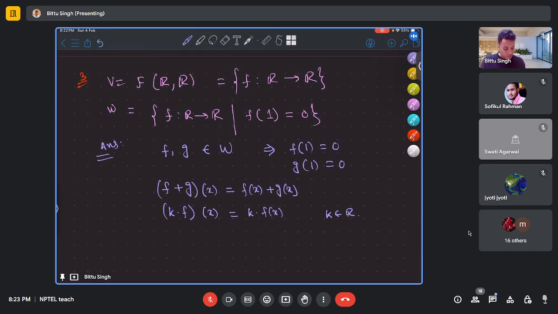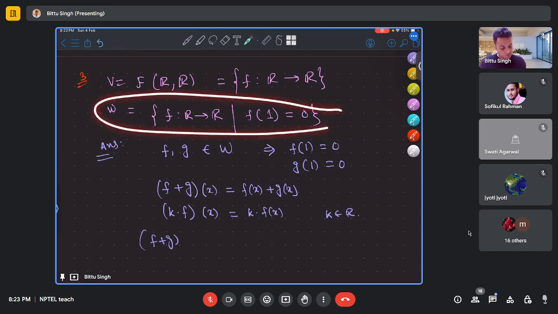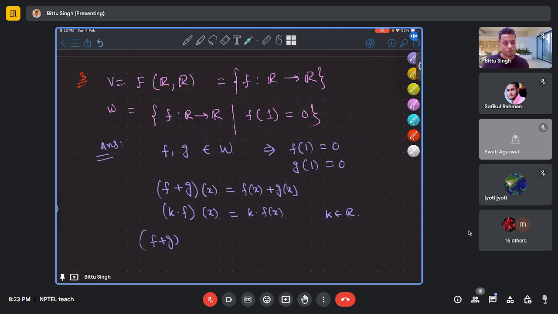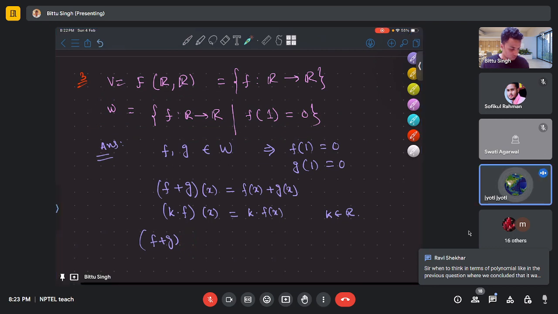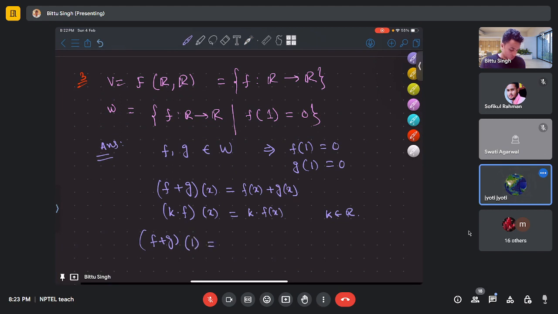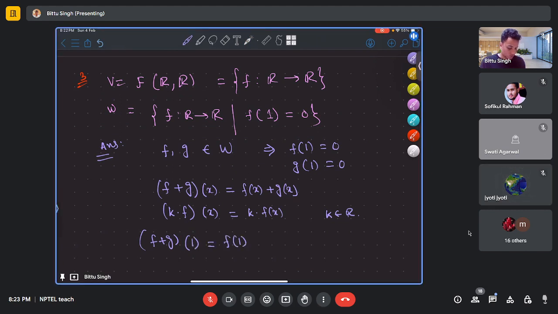So does f plus g satisfy the criteria? This is what we need to check. We can find the value at 1. By definition, it is the same as f(1) plus g(1), which is 0 plus 0, which is 0.